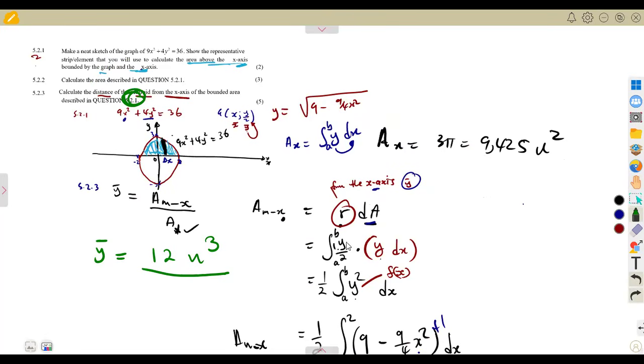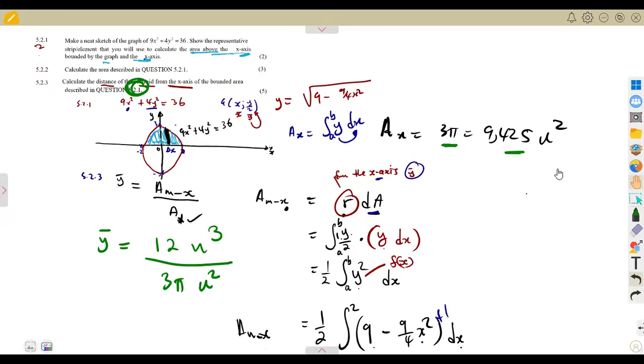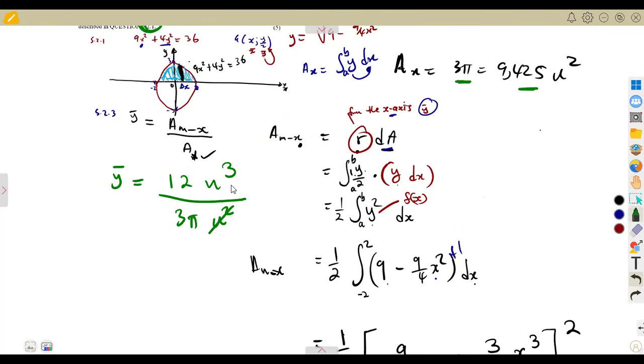Depending on what you're going to use, in this case whether it's 3 pi or this decimal, our area is measured in square units. So at the end, the cubic units over the square units, we're left with units, and that'll be something like 1.273 to 3 decimal places. So this is the distance from the x-axis: the area moment about the x over the area that you calculated before.